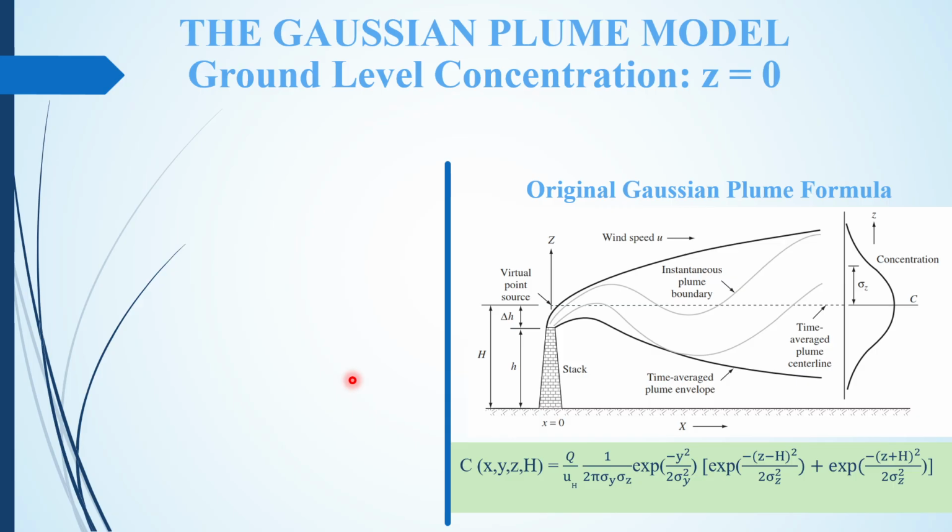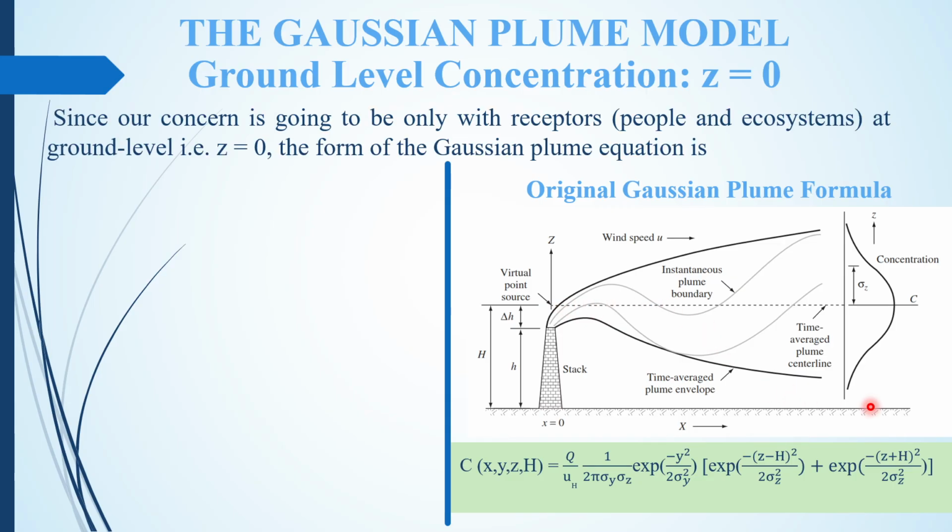Now, if we go to ground level concentration where z is equal to 0, and h is not equal to 0, we still have to know the ground level concentration, since our concern is only the receptors, that is people or pollution, so the ground level concentration of this equation is required. So this is our final equation, and if I put z is equal to 0 here and in this position, the equation would be like this.